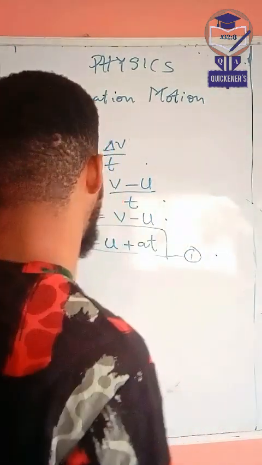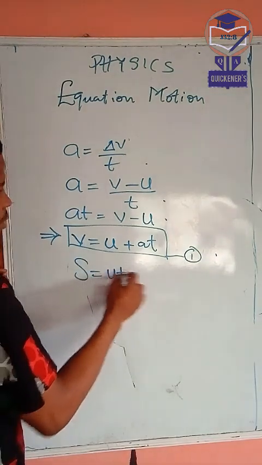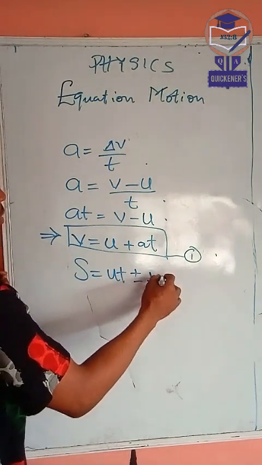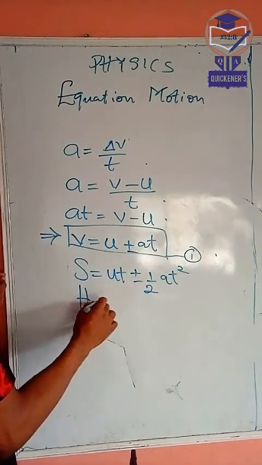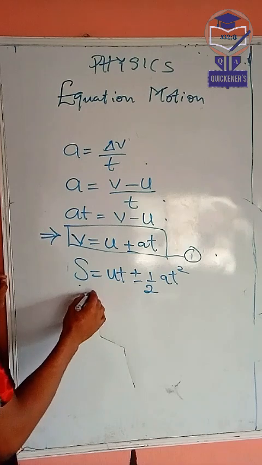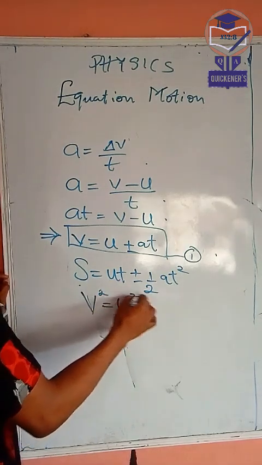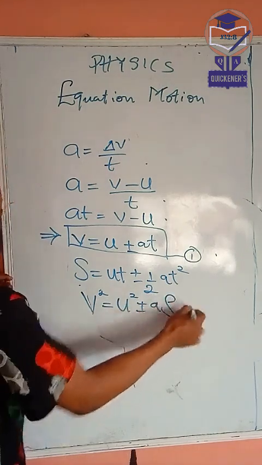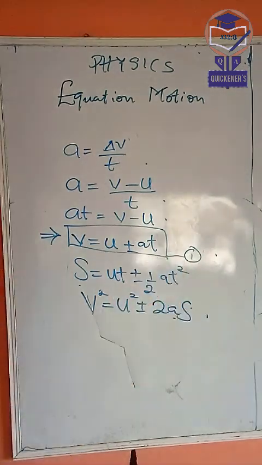Let's write the other equations then. The other equations include s equals ut plus or minus one over two at squared. Then v squared equals u squared plus or minus 2as.